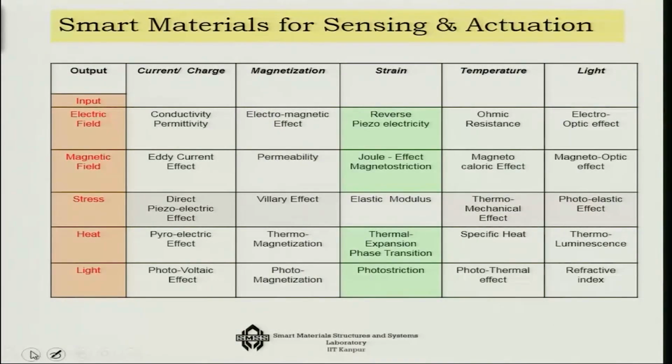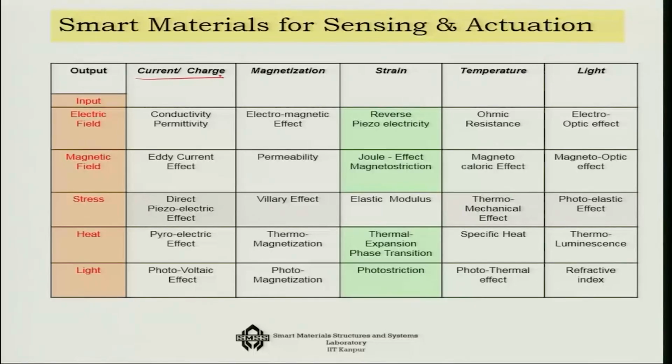Now, if I summarize all these smart materials from the sensing and actuation point of view, we get this beautiful matrix. The columns are outputs: current, charge, magnetization, strain, temperature, light. The inputs are electric field, magnetic field, stress, heat and light.